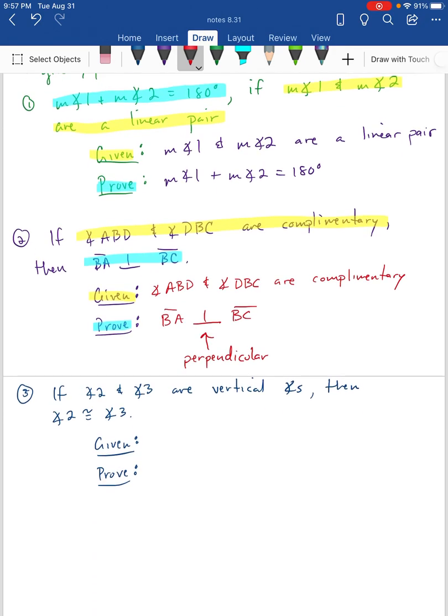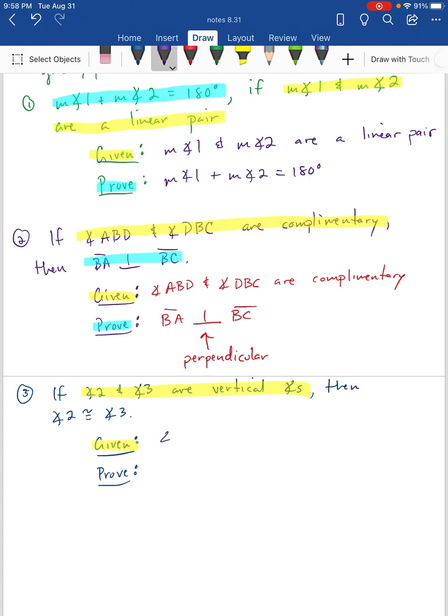All right, and last but not least, the last example, we have that if angle 2 and angle 3 are vertical angles, then angle 2 is congruent to angle 3. Again, I'm going to utilize my highlighter, and everything after the if is your hypothesis. That is your given information.